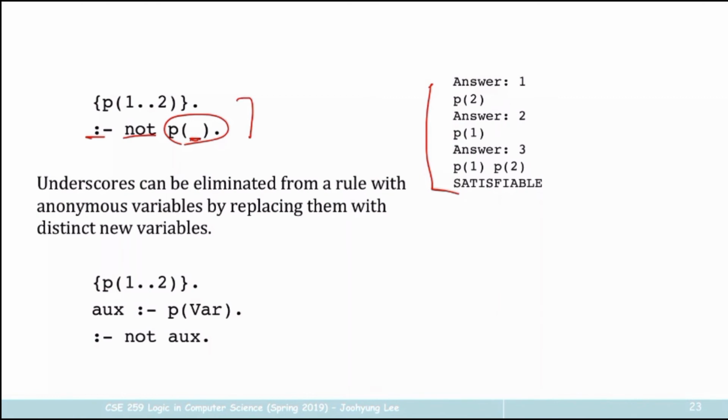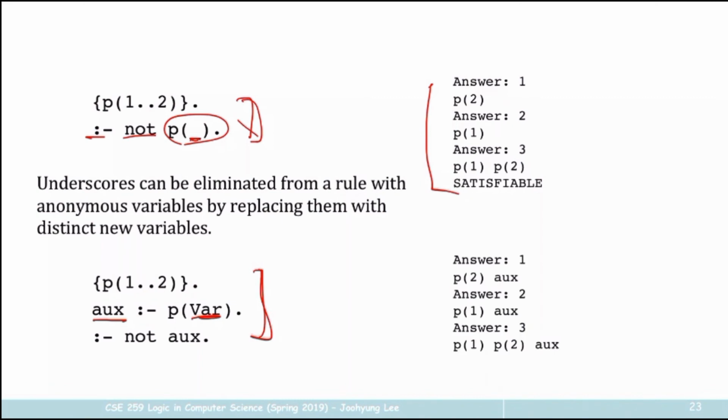You don't have to know this, but technically this anonymous variable is replaced by some auxiliary variable. Where you have this underscore, Clingo actually puts in an auxiliary name, and this is the aux predicate.